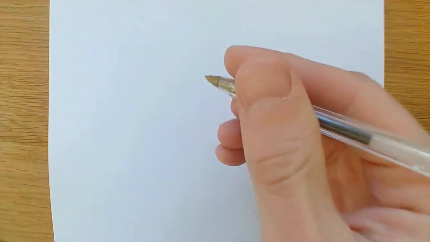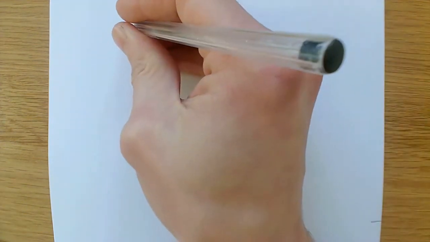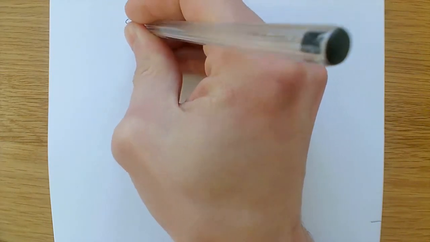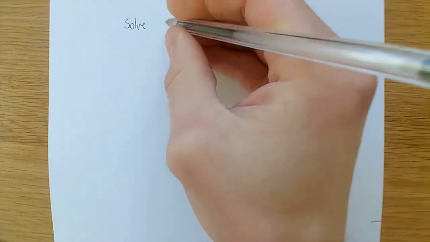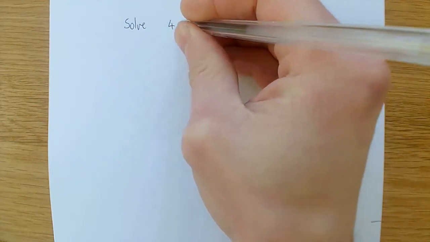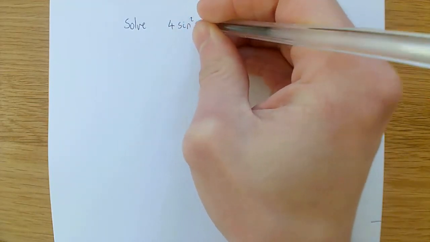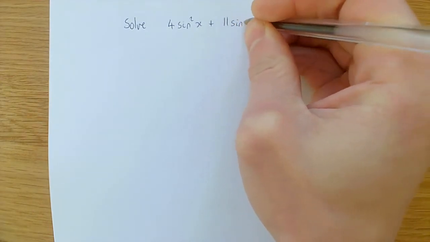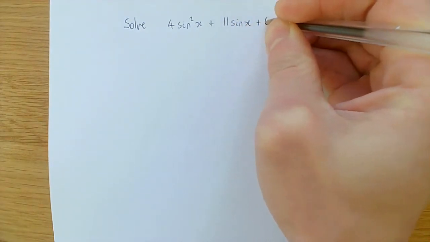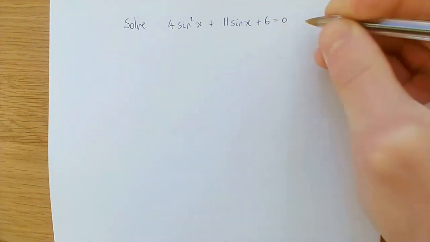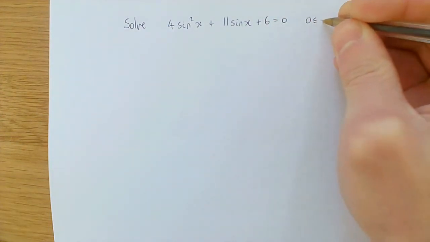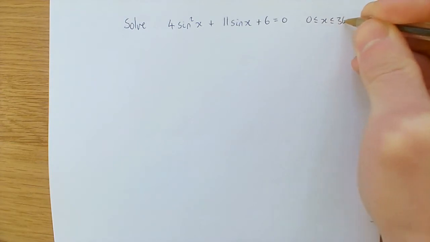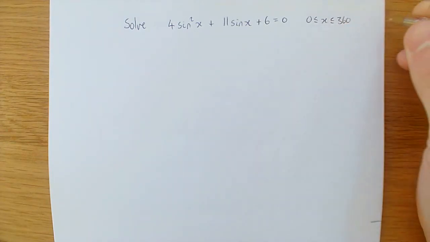Okay, so I promised quadratics, and that is exactly what we're going to get in this video. We are going to look at an example: solve 4 sine squared of x plus 11 sine x plus 6 equals 0, with a range between 0 and 360.